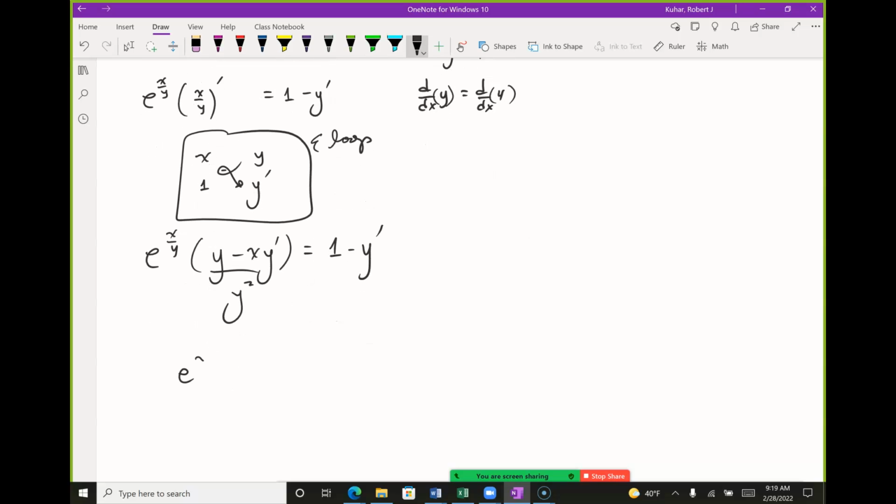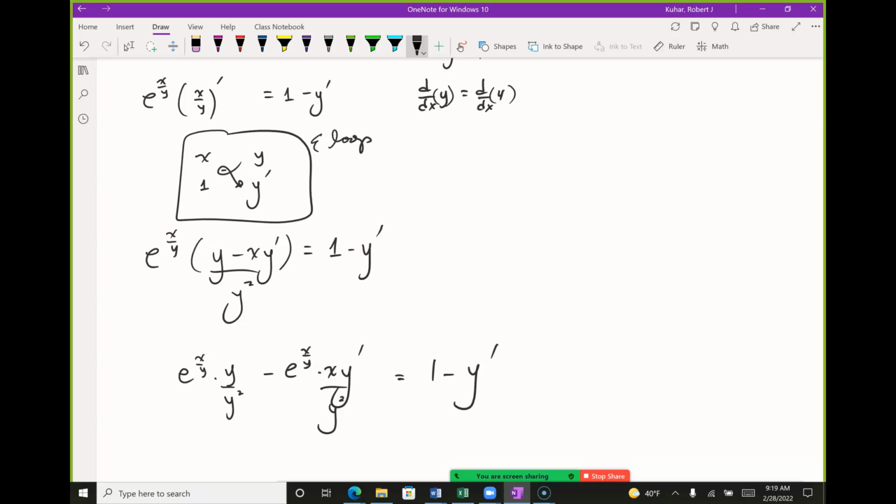So I have e to the x over y times y over y squared minus e to the x over y times xy prime over y squared equals 1 minus y prime. I'm just trying to isolate terms with y prime in it, right? I'm not going to simplify too much yet.